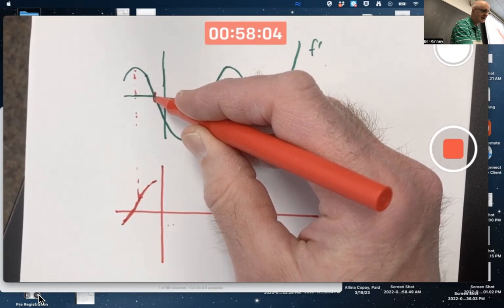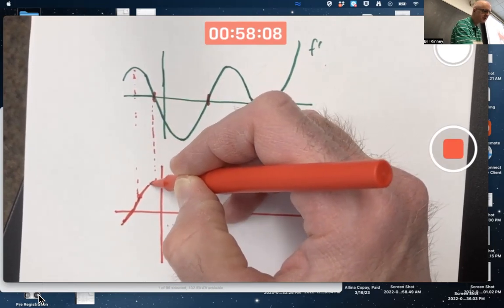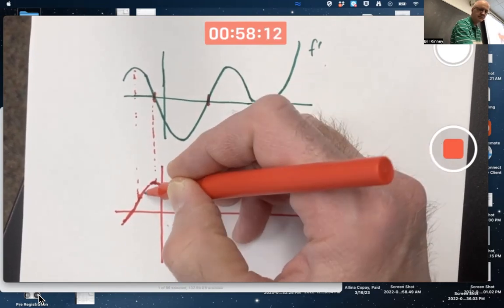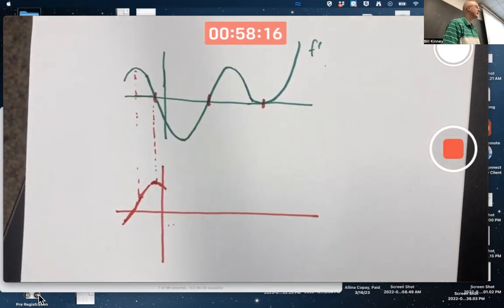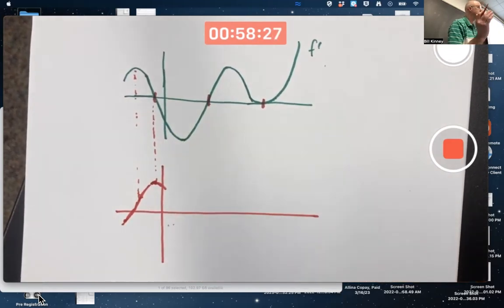It reaches a maximum at this critical point because its derivative changes from positive to negative. So the slope of this graph changes from positive to negative. There has to be a local maximum at that value of x. The first derivative test would confirm that. It's changing sign from positive to negative, so f itself is changing from increasing to decreasing.